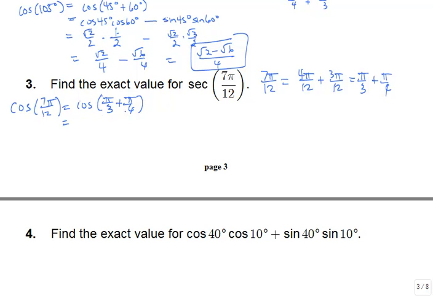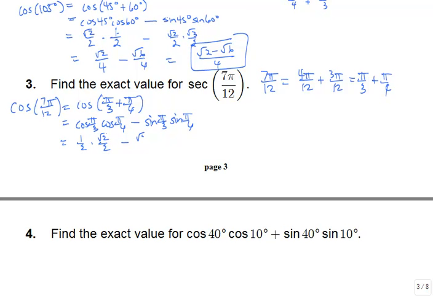So how do we find the cosine of this sum? It's cosine of the first times cosine of the second minus sine of the first, sine of the second. Pi over 3 is like 60 degrees. Cosine of pi over 3 is 1/2. Cosine of pi over 4 is root 2 over 2.